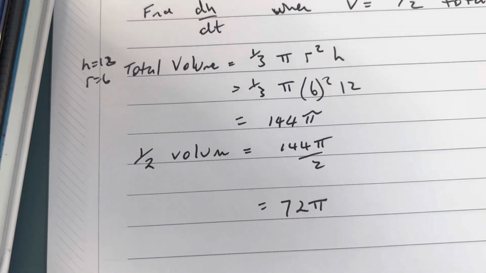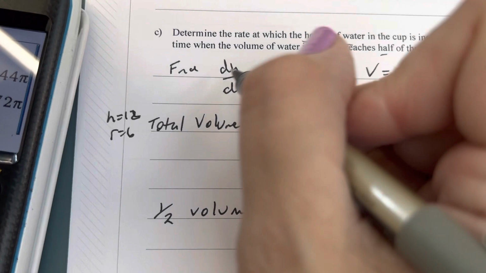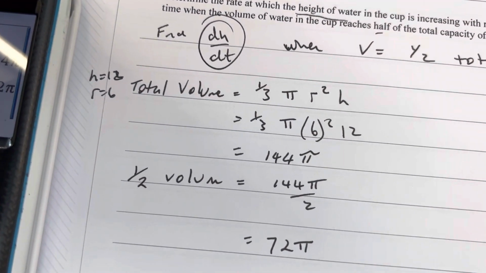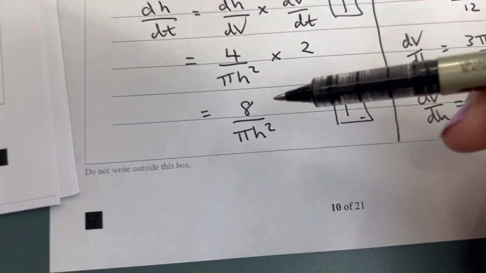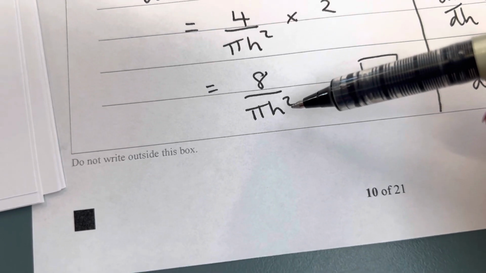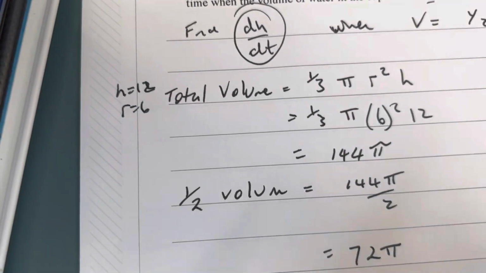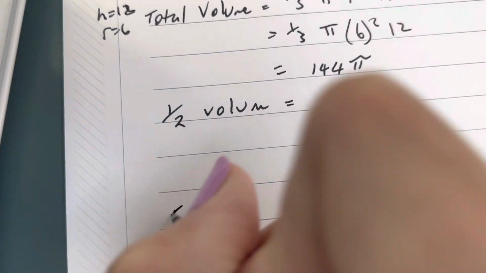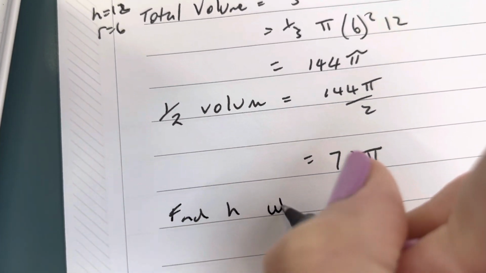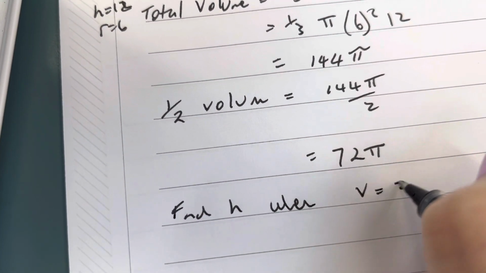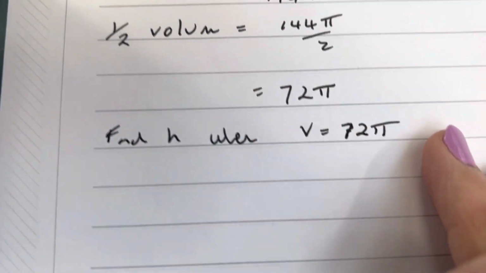Now, when is our half volume? We want to find dH/dt. Now remember, dH/dt is in terms of h. So I want to find h when the volume is 72 pi.